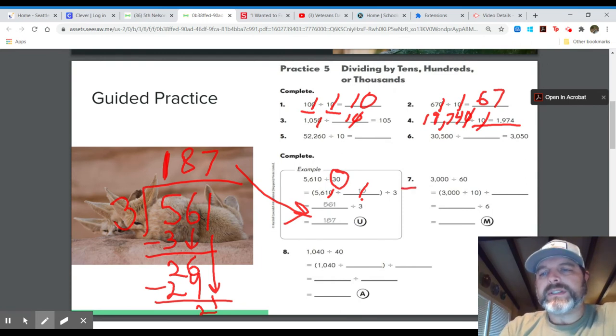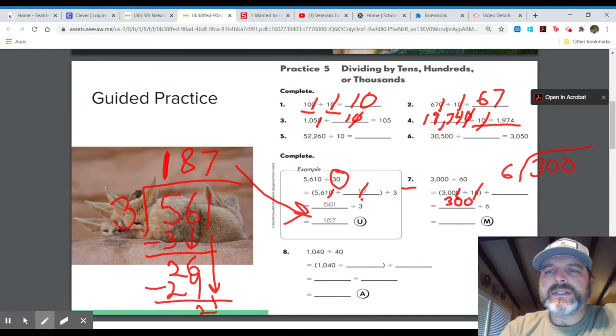Number 7 is very similar to this. So 3,000 divided by 10 first. We can get rid of a 0 on the end because it's dividing by 10, and then it's 300. And the last part you will do is 300 divided by 6, okay? And so you say, how many times can 6 come out of 3?